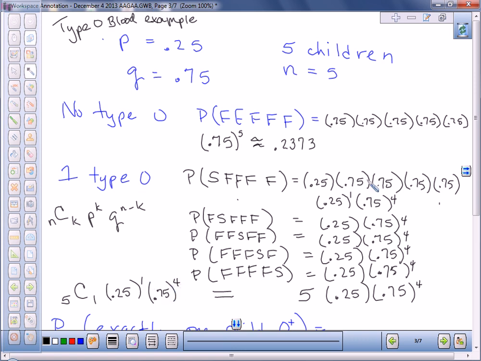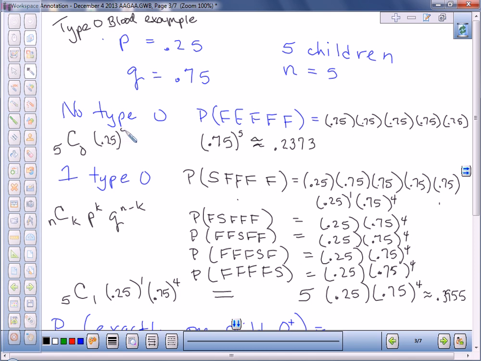So when we punch this in, do we get the same thing as when we punch that in? And either way, did you get approximately 0.3955? Okay, so what would it look like here for no type O? This would be the combinations of 5 choose 0, and then 0.25 to the, how many successes did I want? 0.